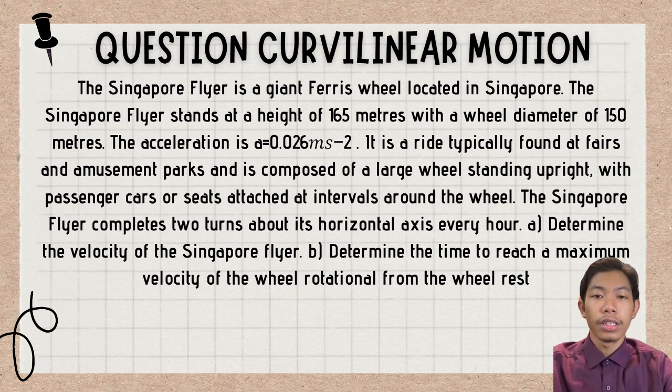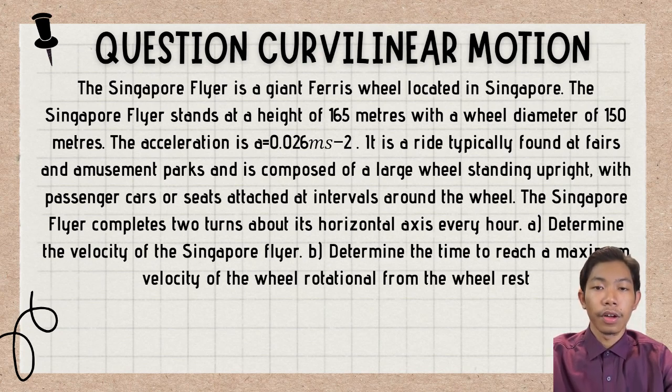First, we need to sketch a free body diagram. After that, analyse what formula we can use for solving this problem, and the values given. We get the diameter is 150 meter, so the radius is 75 meter. The acceleration is 0.0626 meter per second squared.